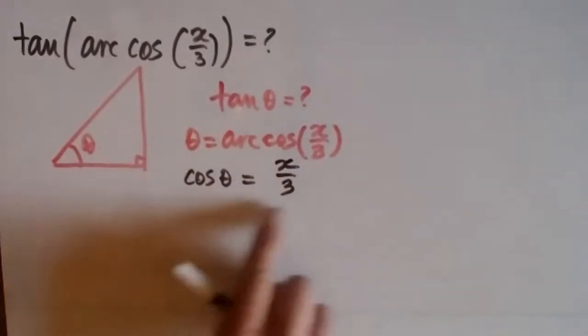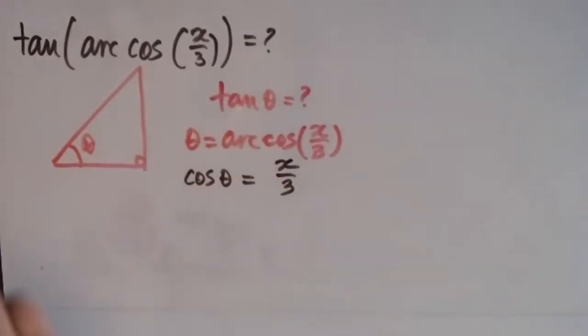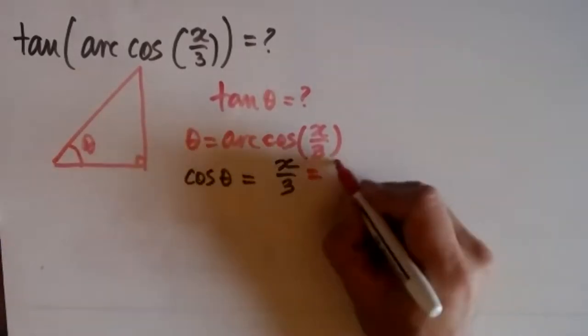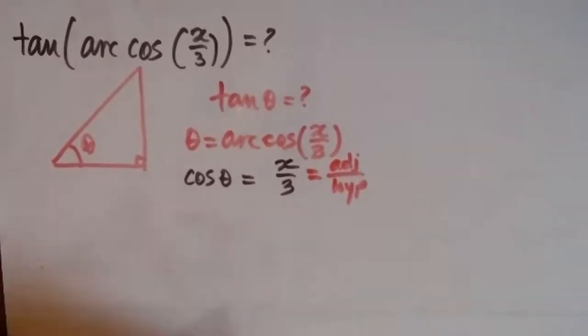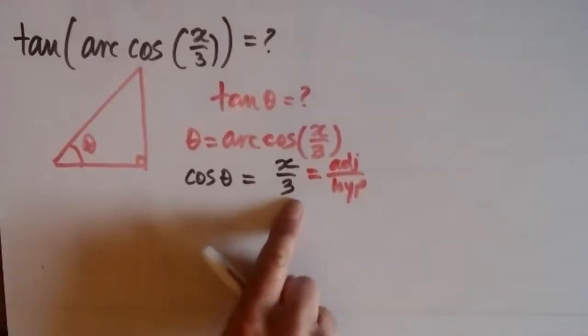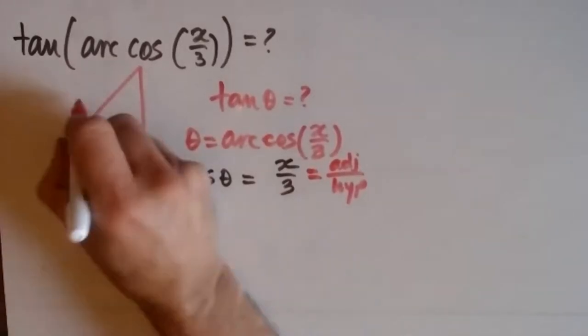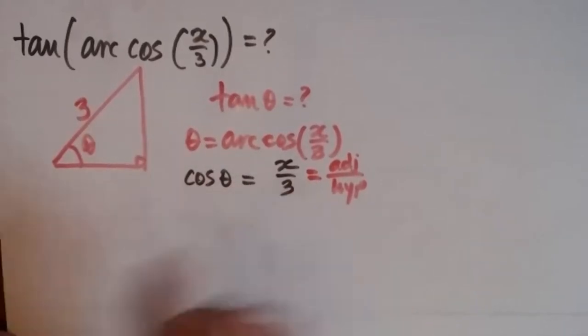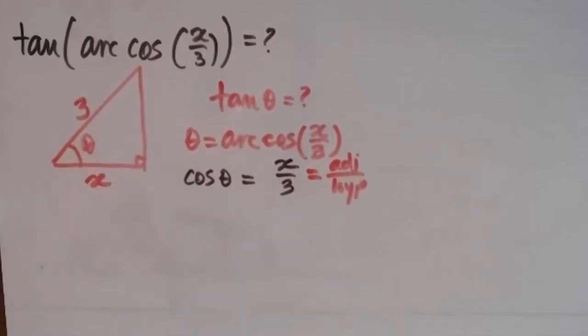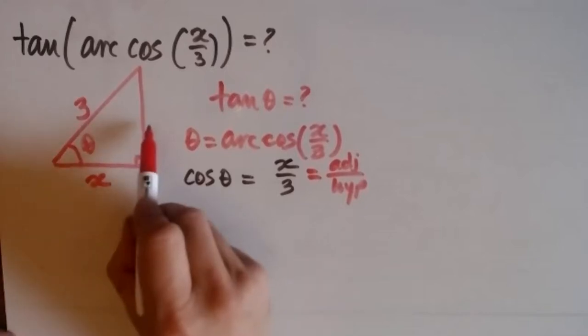So everybody understands this one, there is not going to be a problem. Okay, well, definition of cosine: adjacent over hypotenuse. So I match who's who. Hypotenuse length is 3, so I put a 3 right here. Adjacent length is x, so this is x. This is the adjacent, so I need to find the opposite.